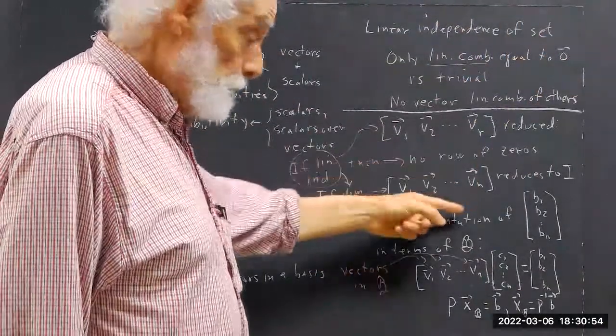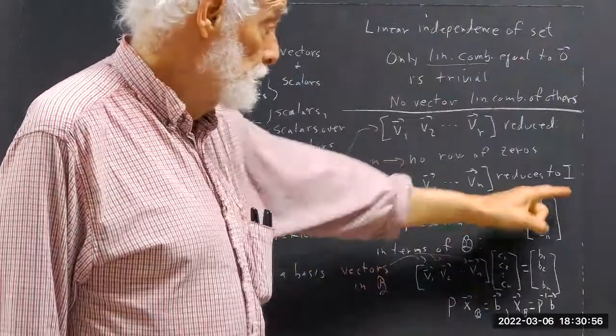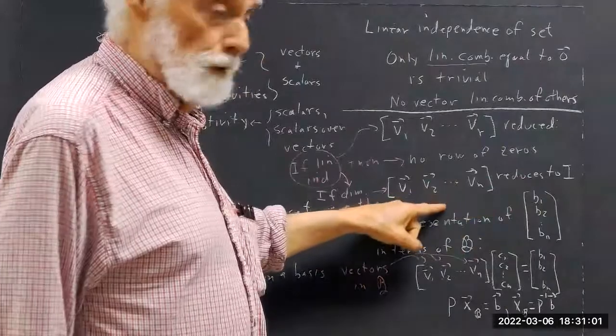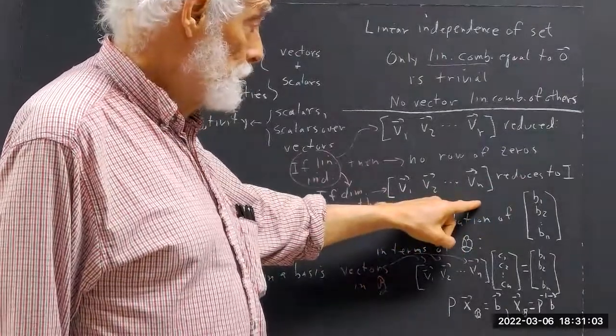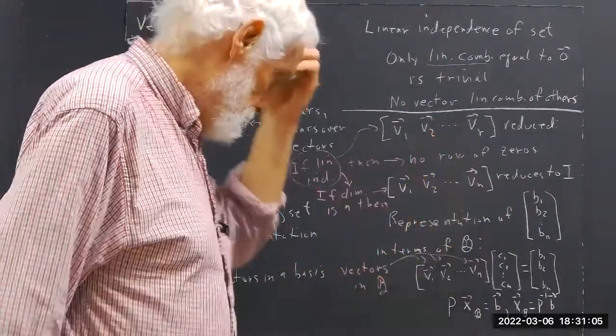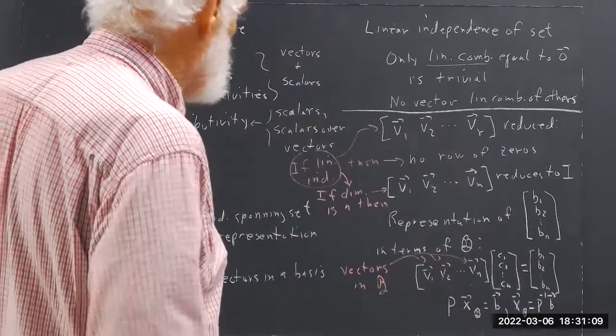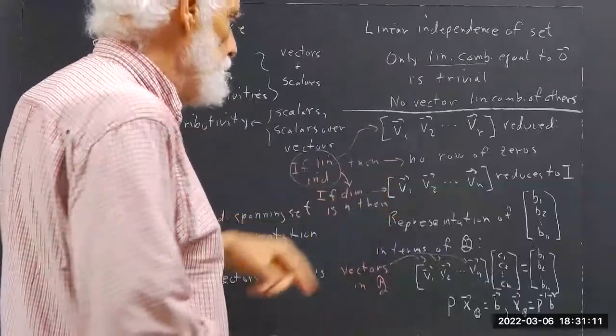And making this an n by n matrix, which can certainly reduce to I. It'll reduce to I if and only if this matrix reduces to the identity. So I can say if the dimension is n, then this.